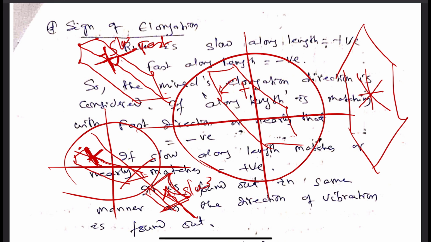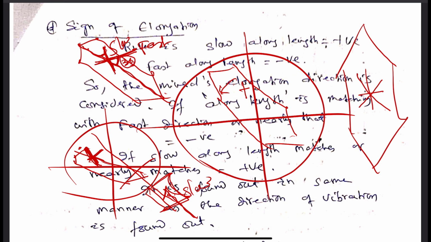If this angle is 30 degrees, then this is the elongation direction. This is one vibration direction. This is another vibration direction. Whether this is small or this is small, the small angle is being considered.